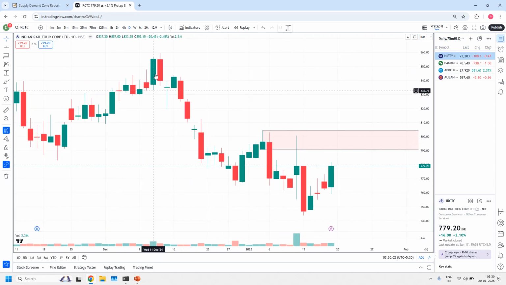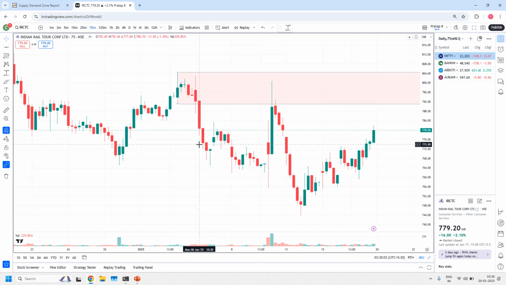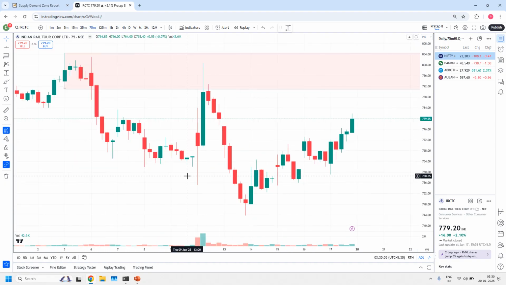And let us fine tune this zone with 75 minutes time frame. So we have a drop candle, we have medium size leg in, we have a one base candle, and then again a drop candle, ERC candle, big candle. And body is completely coming out of this zone. So definitely you can draw.